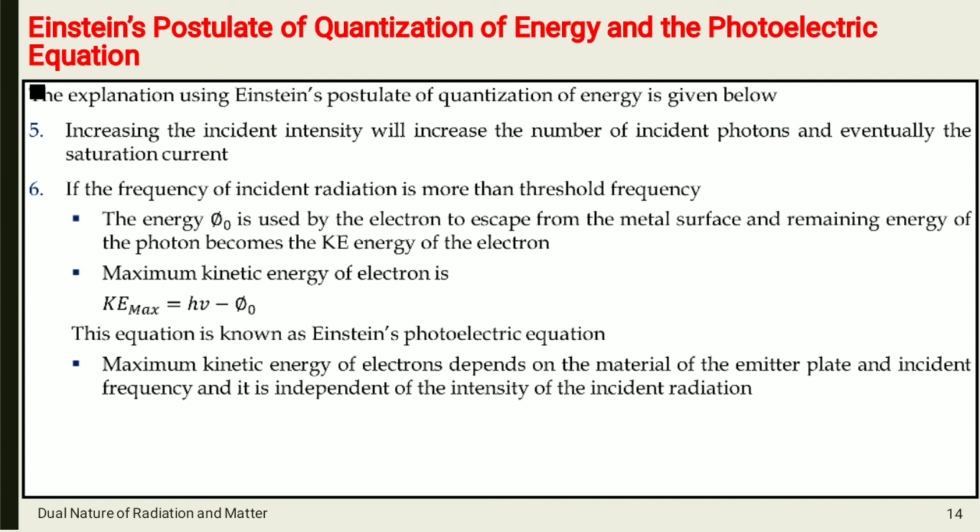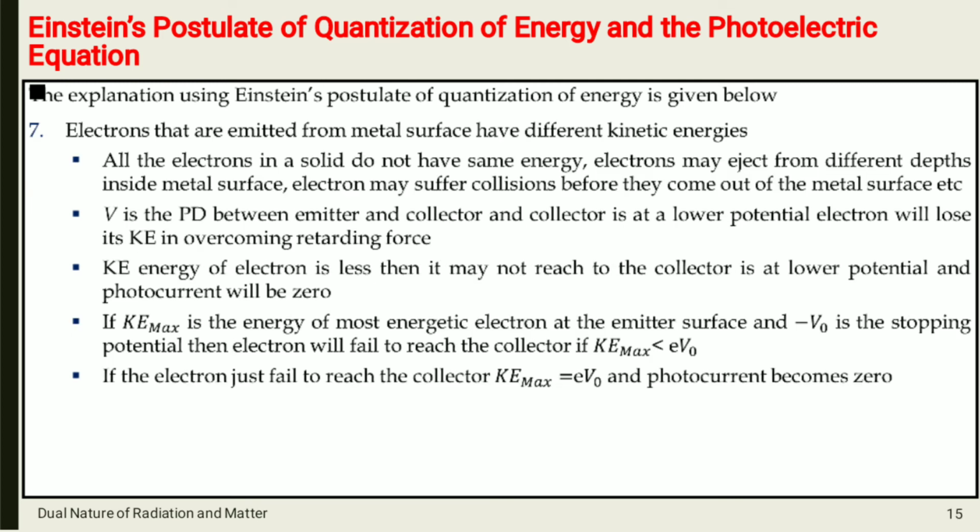This equation is known as Einstein's photoelectric equation. Maximum kinetic energy of electrons depends on the material of the emitter plate and incident frequency, and it is independent of the intensity of the incident radiation.